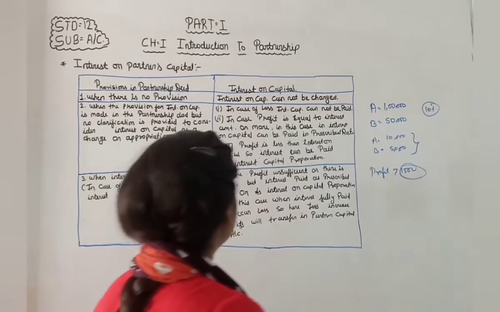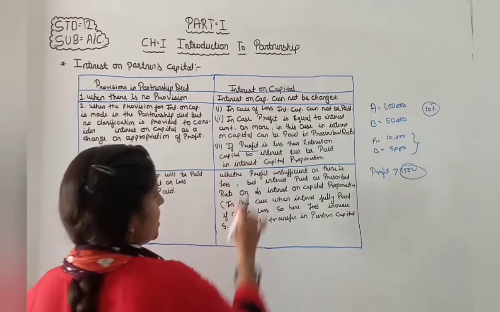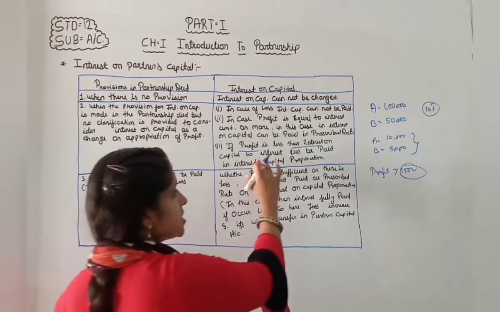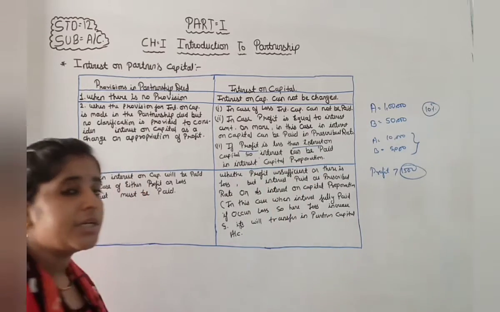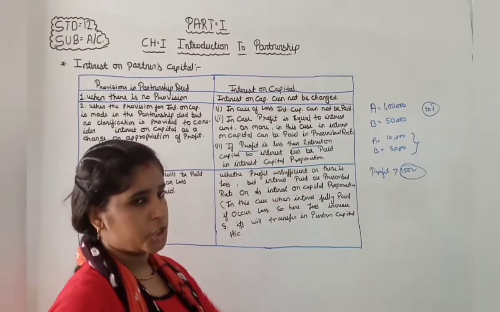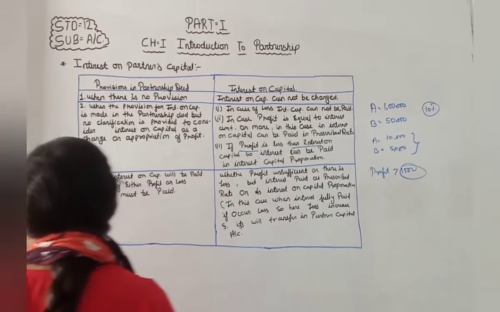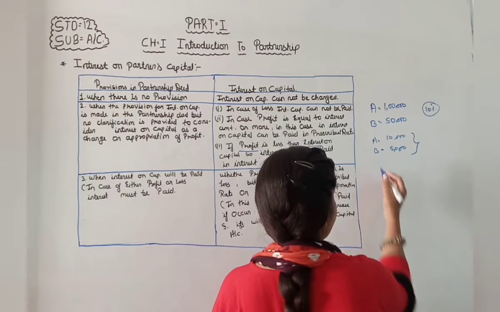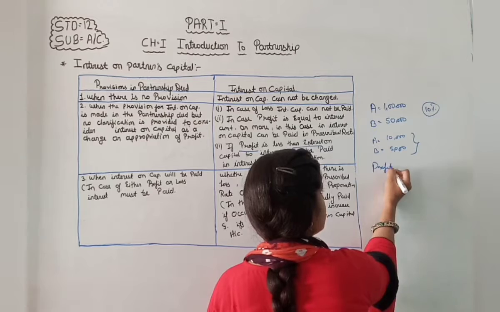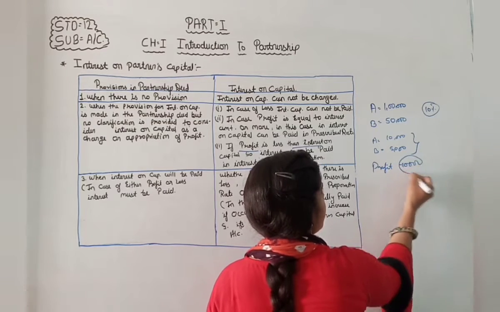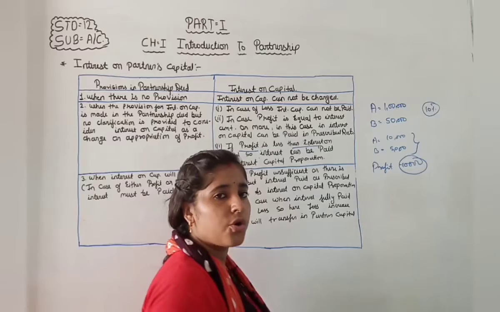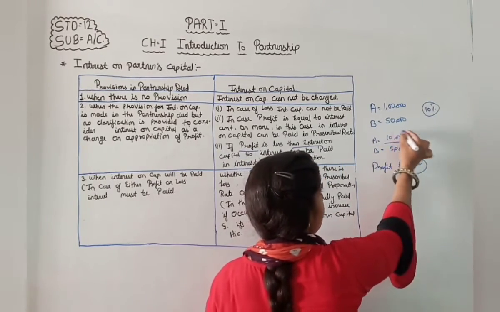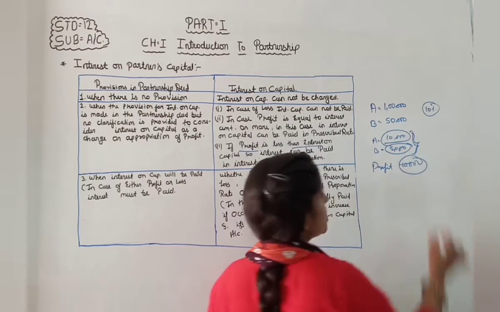Now, if profit is less than interest on capital, interest is paid in the proportion of interest on capital. Here, if profit is 10,000, we pay interest on capital to A and B according to their proportion of interest on capital.